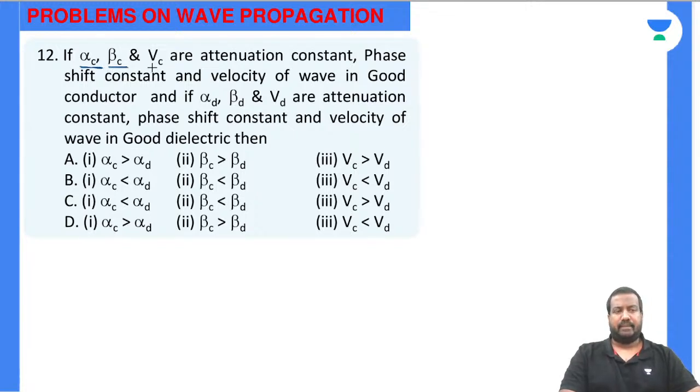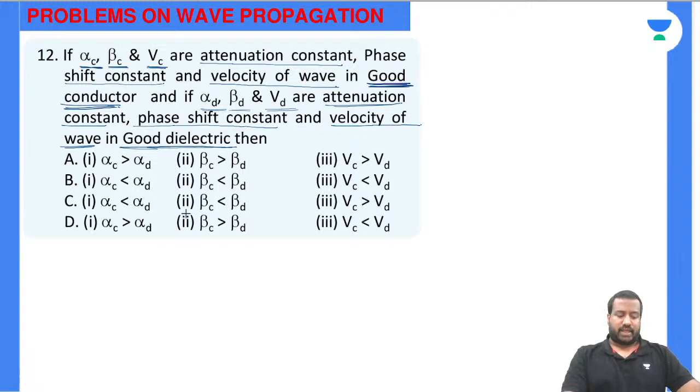If alpha C, beta C and Vc are attenuation constant, phase shift constant and velocity of wave in good conductor, and alpha D, beta D and Vd are attenuation constant, phase shift constant and velocity of wave in good dielectric, which of these conditions is true?